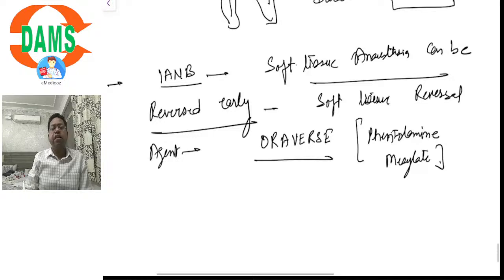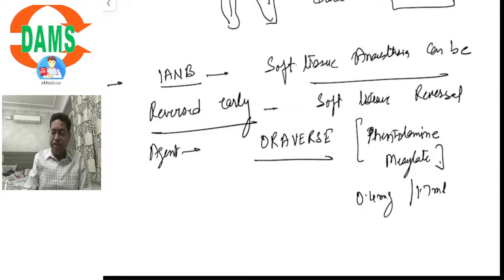Otherwise, for nearly about 2.5 hours, we'll ask the patient to avoid hot food or liquid so that there are no chances of burn to the oral soft tissues. So there is an injection called Oraverse commercially available that consists of phentolamine mesylate 0.4 milligrams in a 1.7 ml cartridge.